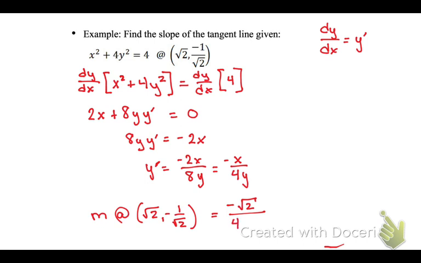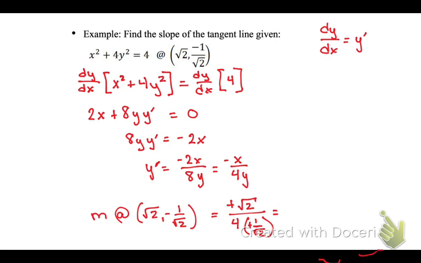And 4 times y, which is negative 1 over the square root of 2. You don't want to say it because you don't want to deal with it. But we got to deal with it. Okay, negative and a negative is a positive.